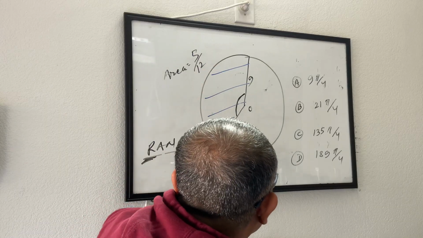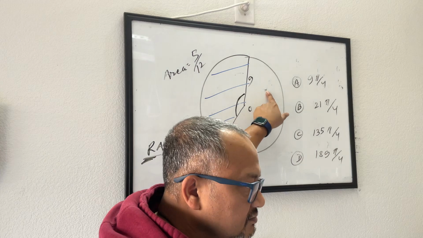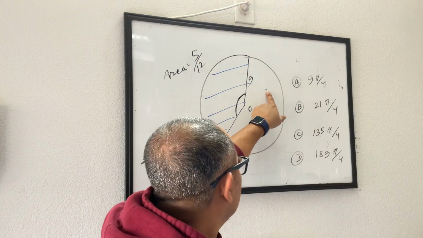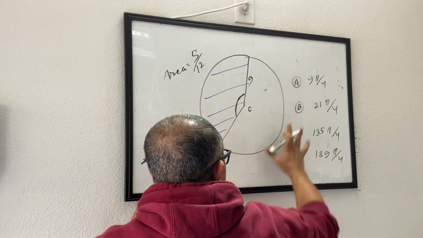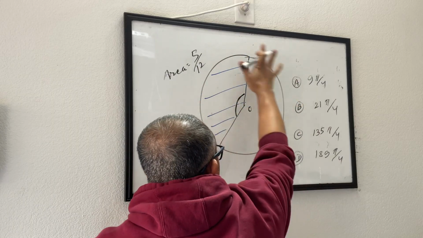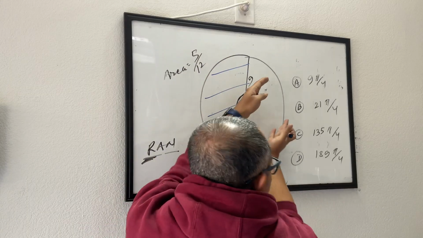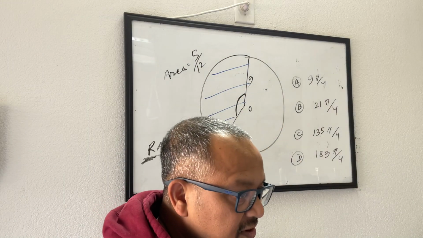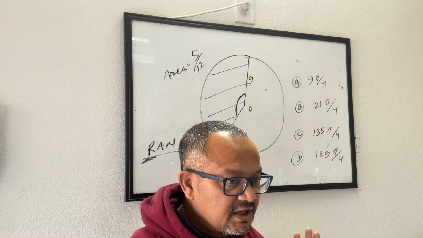So what we have to find out is the area of the unshaded region. If from the radius I can find out the entire area and this area is given, then from the entire area of the circle, if I subtract this part, that will give me this area. That's what we are trying to find out. Is that making sense to everybody? Jenna, Neil, Sarah, everybody?